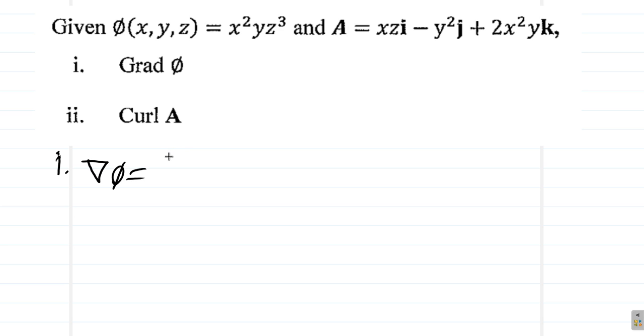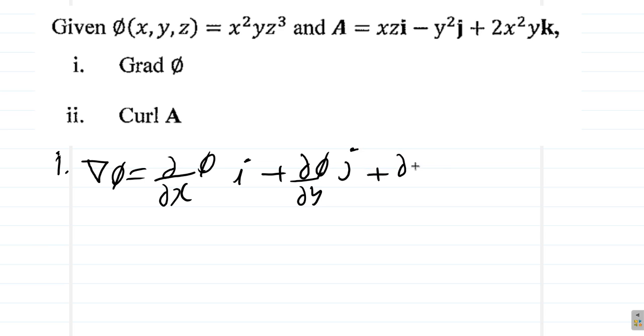So you're going to differentiate: partial by partial x of phi in the i direction plus partial by partial y of phi in the j direction plus partial by partial z of phi in the k direction.